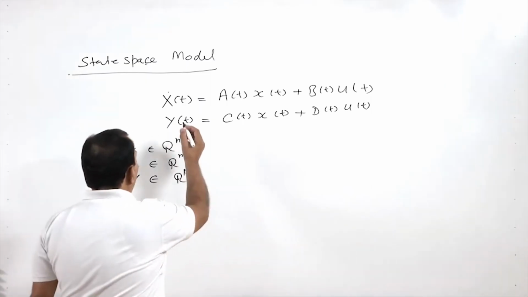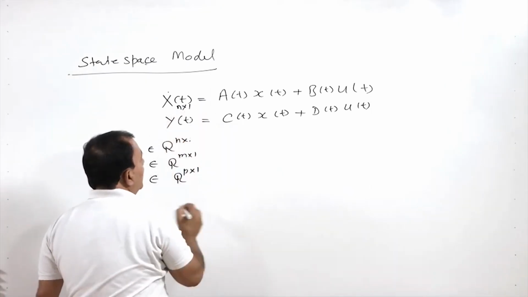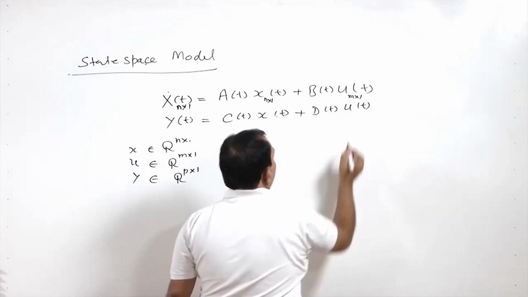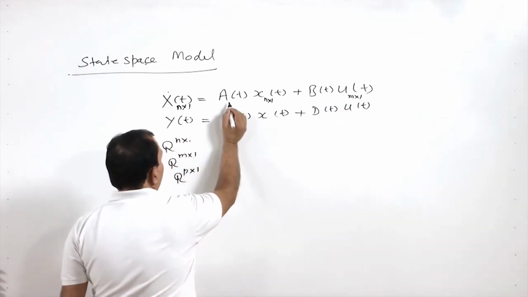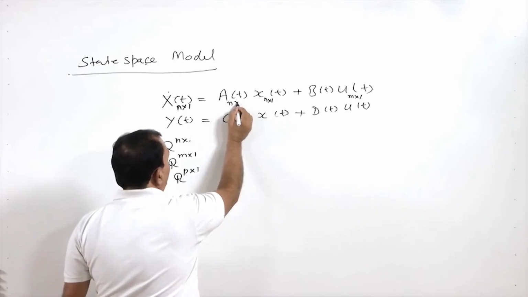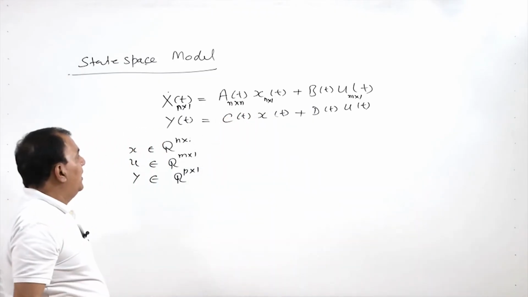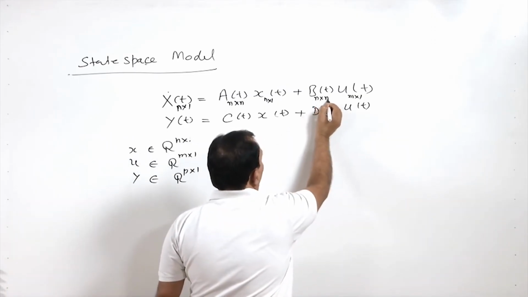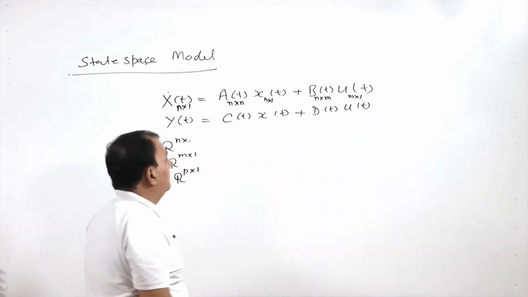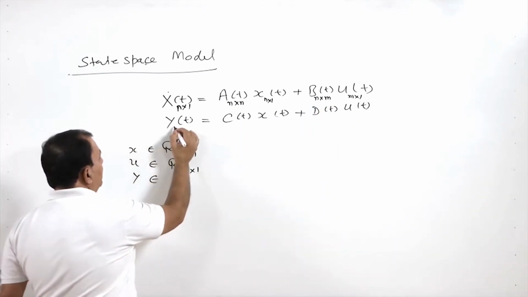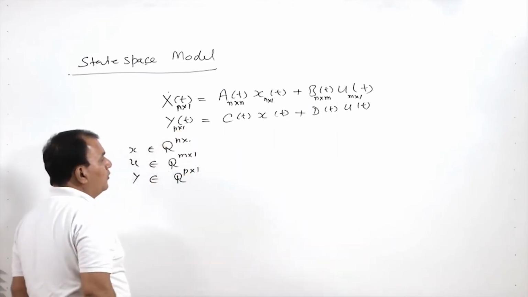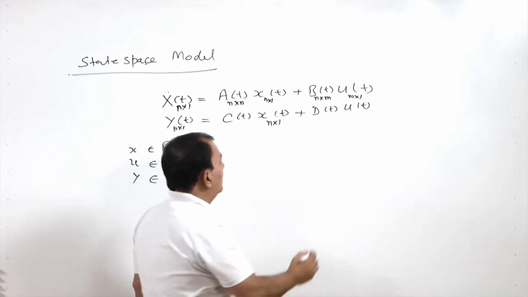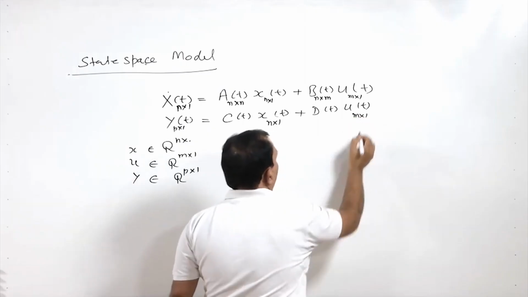So, this is n cross 1 and this is m cross 1. My A will be a matrix of size n cross n and B will be a matrix of size n cross m. Y is a vector of p cross 1, X is n cross 1 and U is m cross 1.